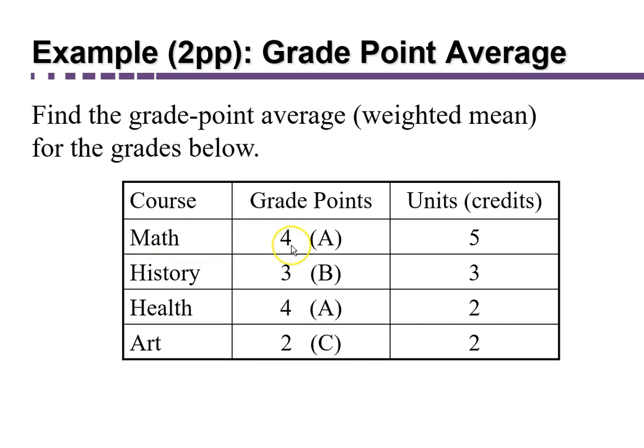For a math course, the student had a grade of A, and remember we said A's had a weighted value of 4, and we're going to multiply it by the number of credits for that course. So this must have been a very complicated math course. 5 credits. Most are 3, some are 4, but this one they're saying was 5. And then just follow through.